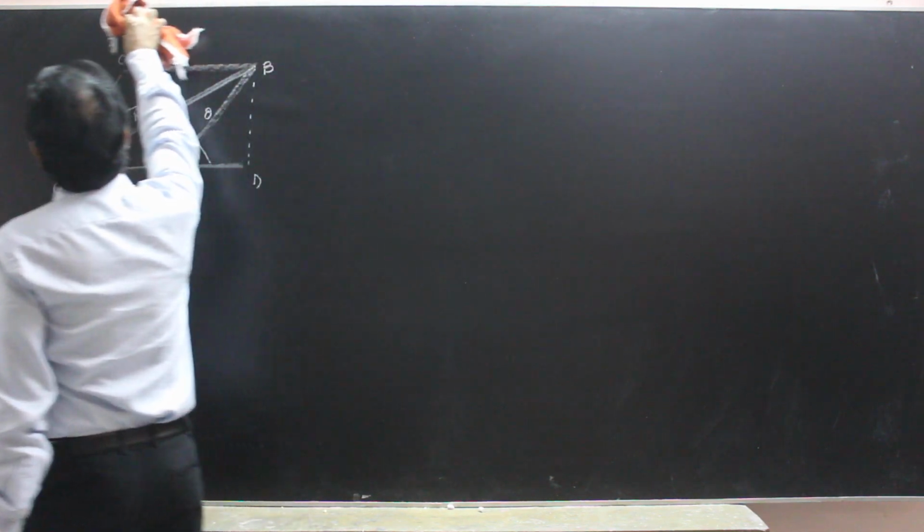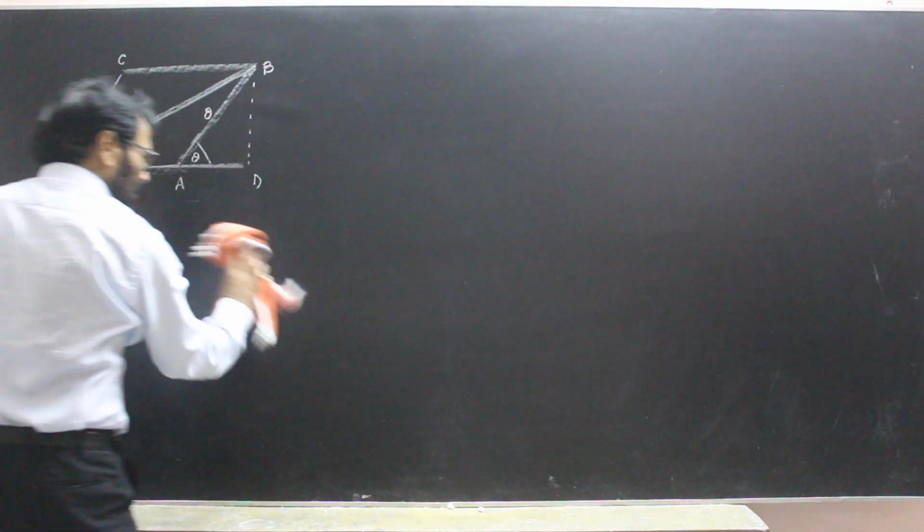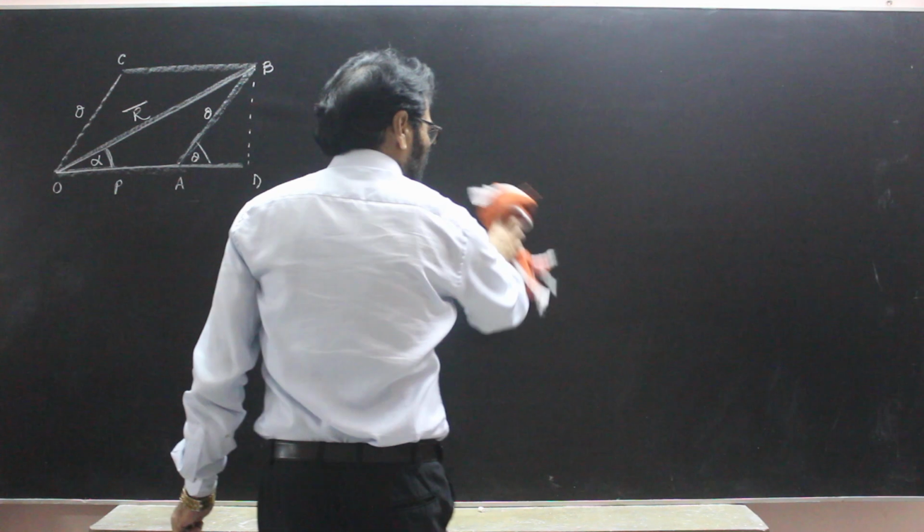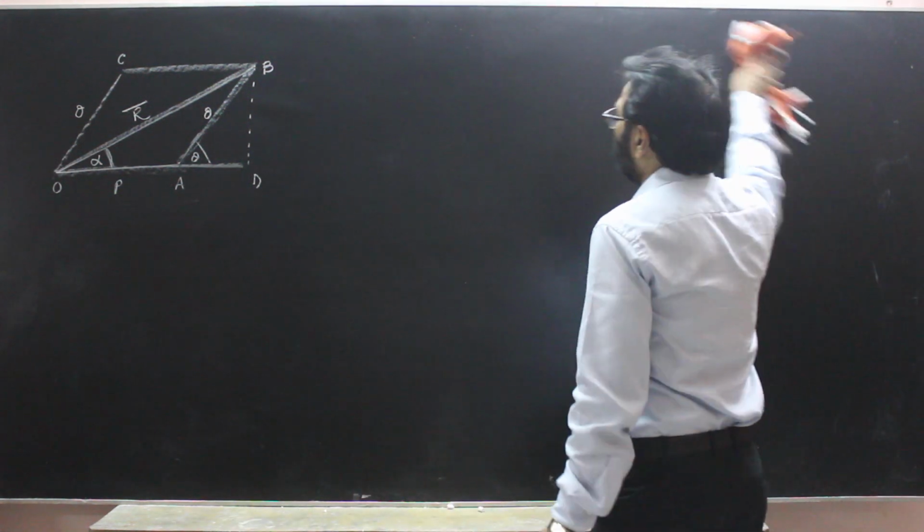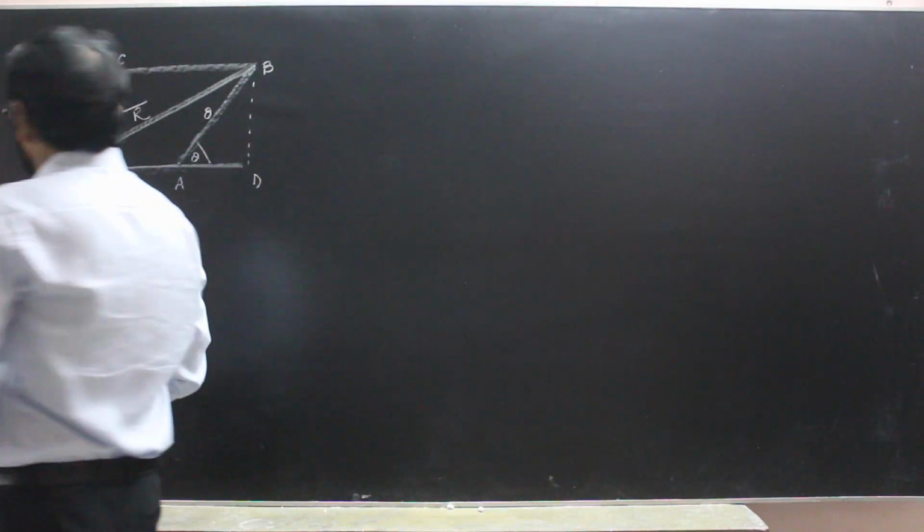What is the angle between the two vectors and the value of the other vector q? So this is our problem.